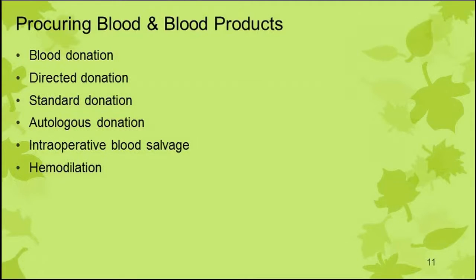Intraoperative blood salvage. I've talked about this in class before, where we use the machine or the system called Cell Saver. It's used during the process of surgery, in addition to autologous blood donation.